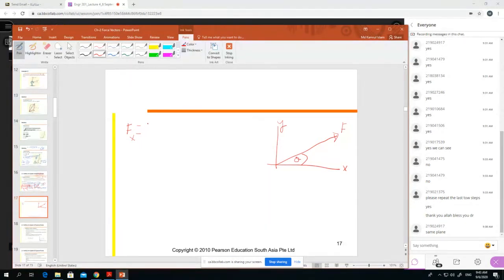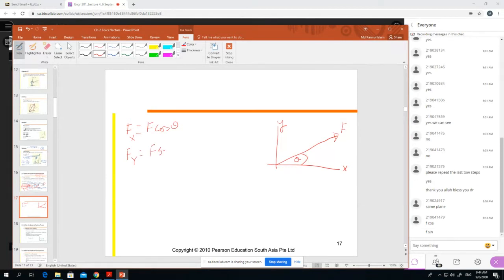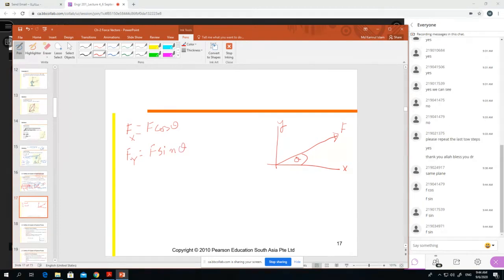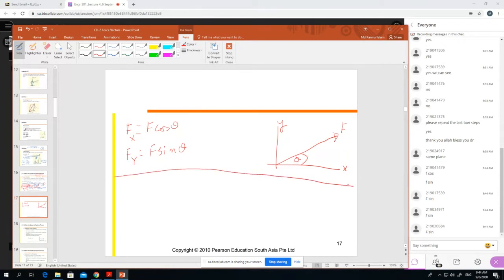F cosine theta. Correct. Yes, Fx equals F cos theta. And Fy equals F sine theta. Correct. So this is the correct answer.